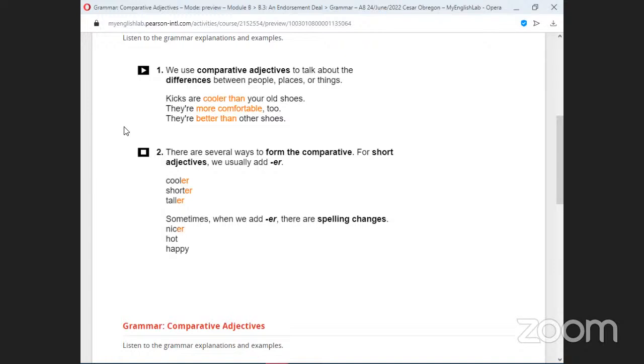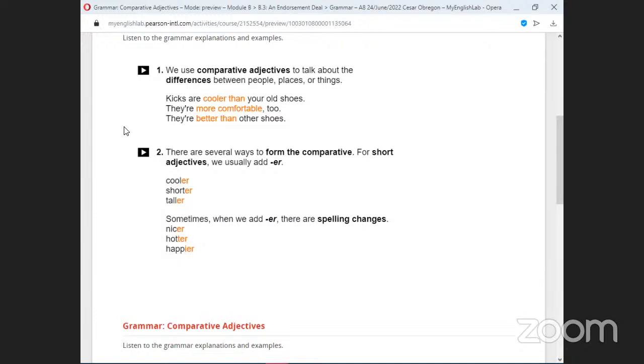Hot, hotter. Happy, happier. Any questions so far? No.